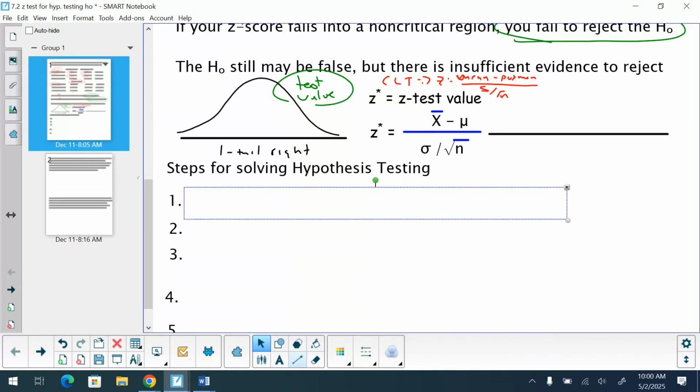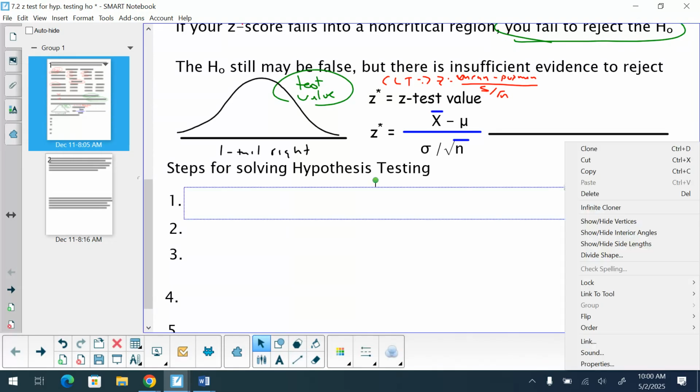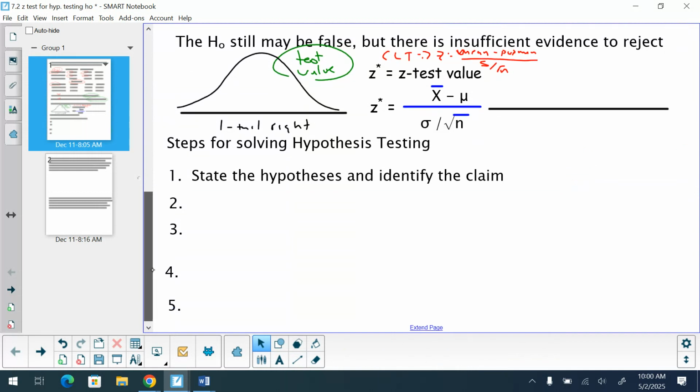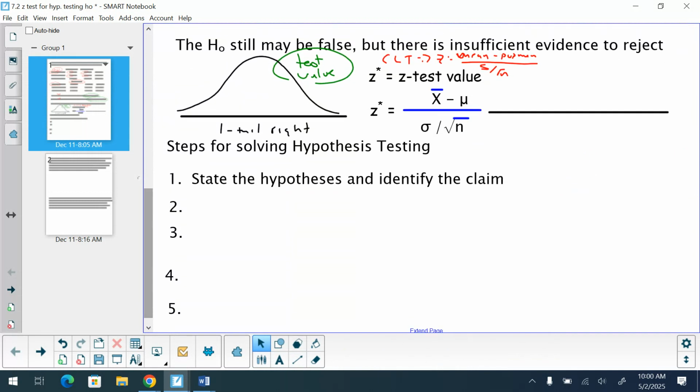Let's go down here. We want to go through our steps. We state the null and alternate hypothesis. We'll get back up to that. We'll state the null and alternate hypothesis. You may want to also state, is it one tail or a two tail?